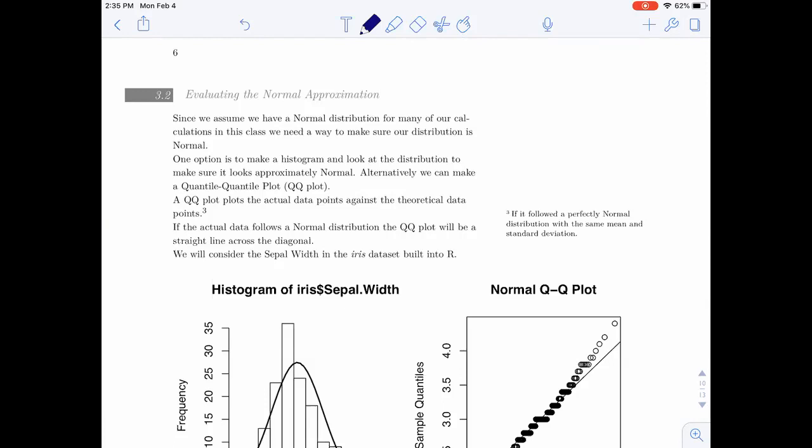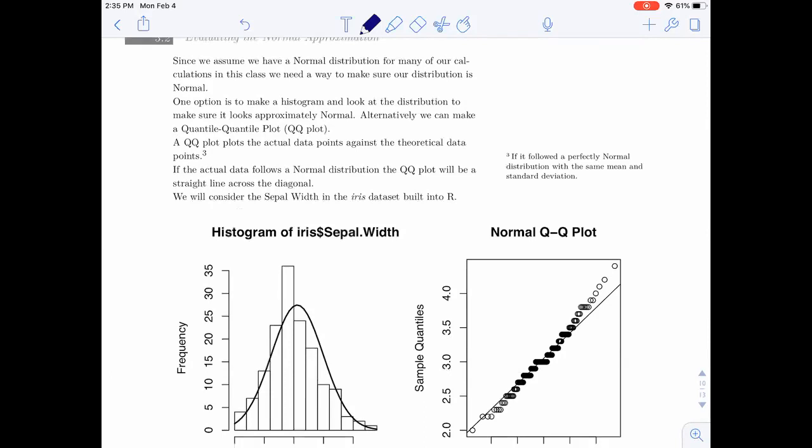All of our analyses in this course assume that we have a normal distribution. When we're assuming that, sometimes we need some other way to show that we have a normal distribution instead of just doing a histogram and saying it's normal, right? And so the QQ plot helps us do that.